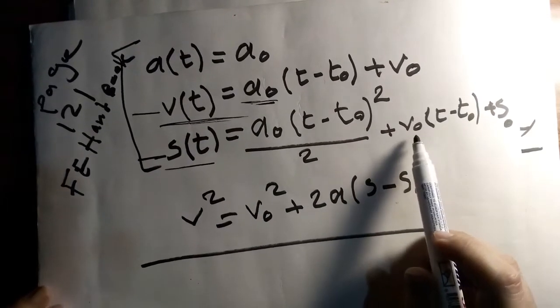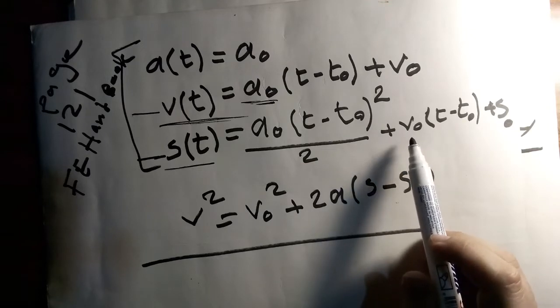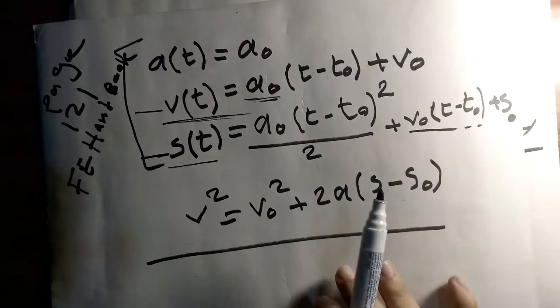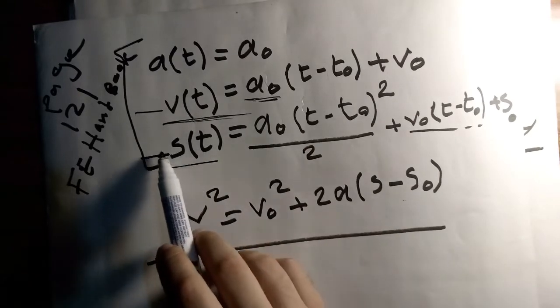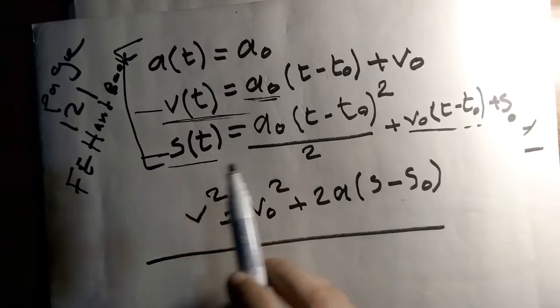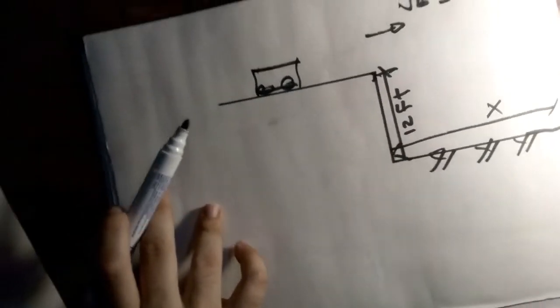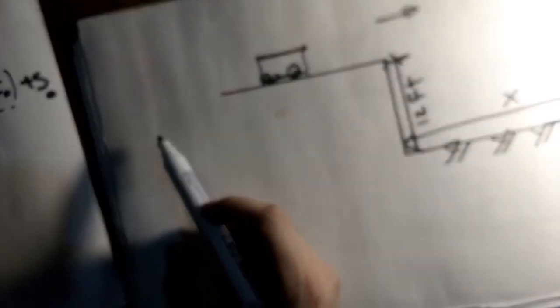And let's assume the vertical initial velocity as a free fall is equal to 0 also, so this term will be 0. So we can use this term and this displacement also given to find the time. So let's substitute with the givens and get the time as the first step.